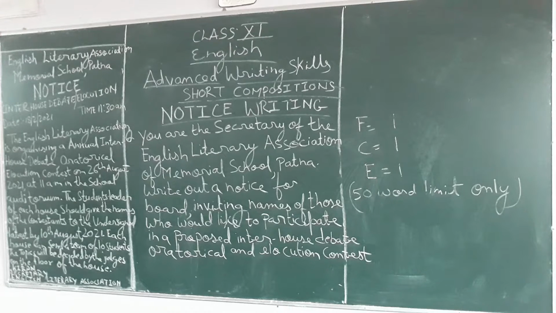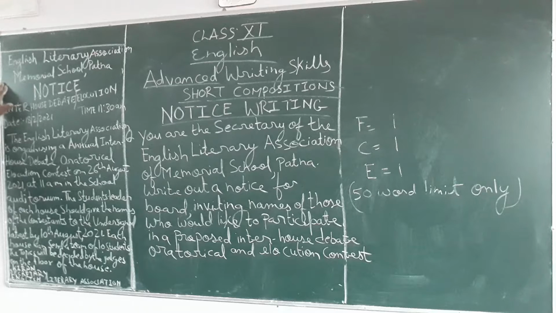Now see, you are the secretary of the English Literary Association. Being the secretary of the school, you are taking out the notice. If your name is not mentioned, you can mention any name at the last, at the left hand side corner.